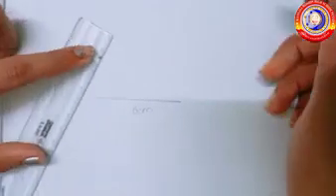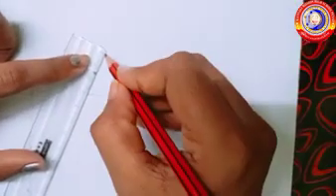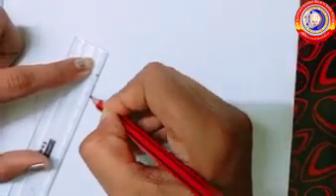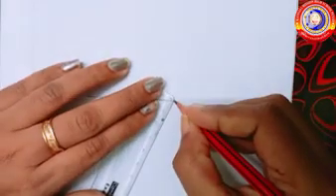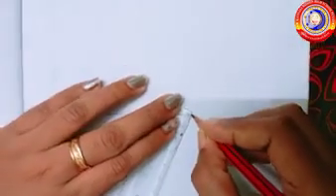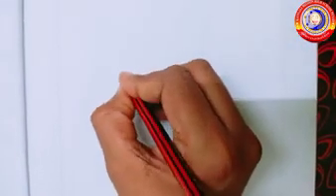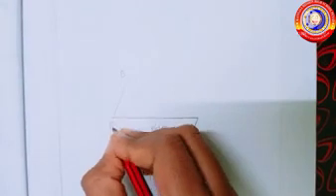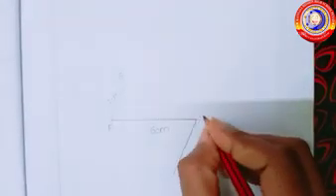Place the scale at one end of this line, measure 3 centimeters, and draw a slanted line. After that, at the other end, draw CD which is 4 centimeters long in the opposite direction. That is, angle CAB and angle ACD should be equal.